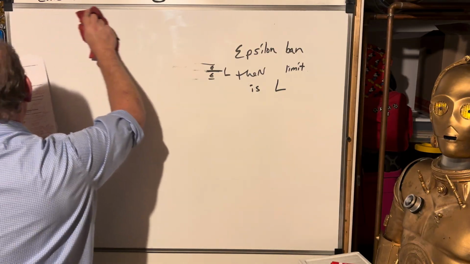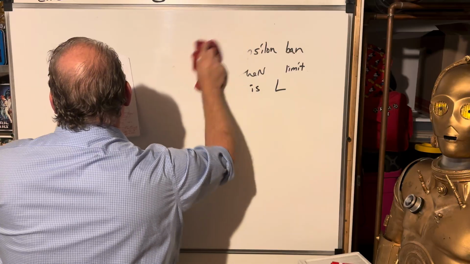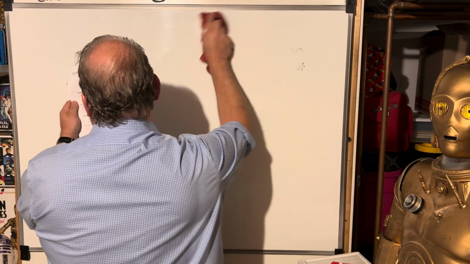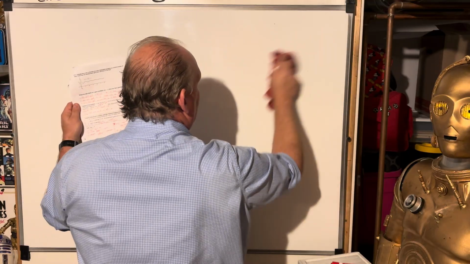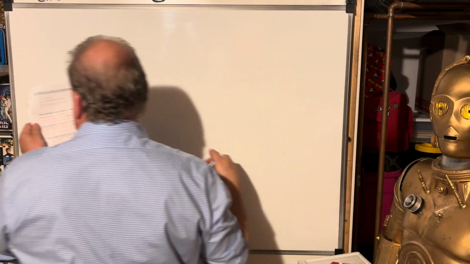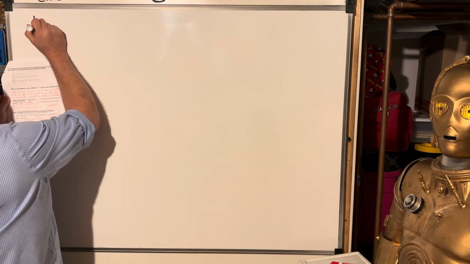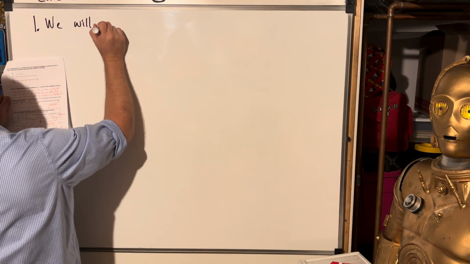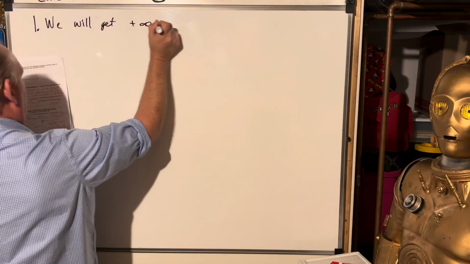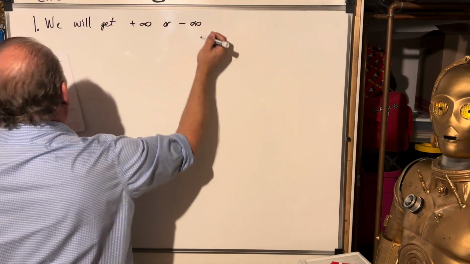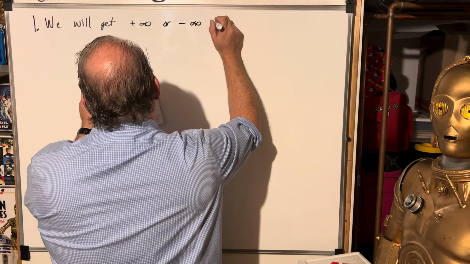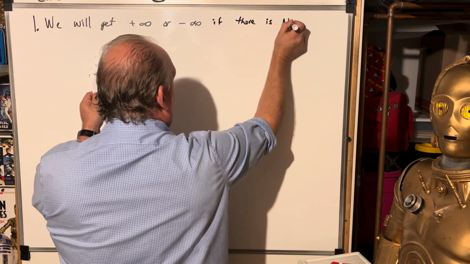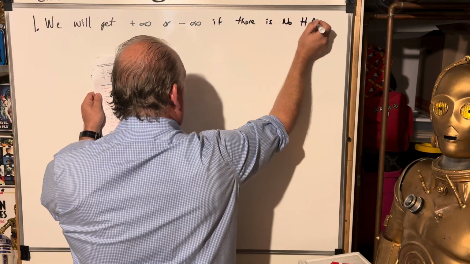All right, so let's take a look at 24. When we take the limit as x goes to infinity or x goes to negative infinity, there are three possible outcomes. Number one, we will get positive infinity or negative infinity if there is no horizontal asymptote.